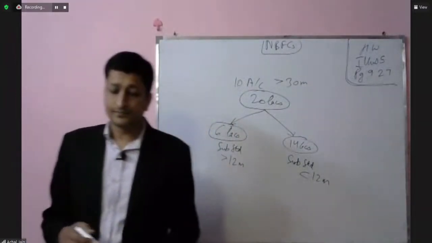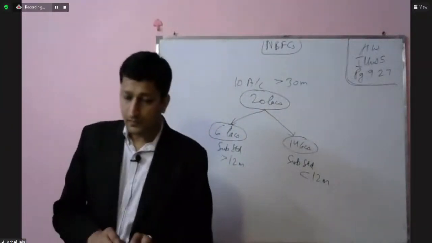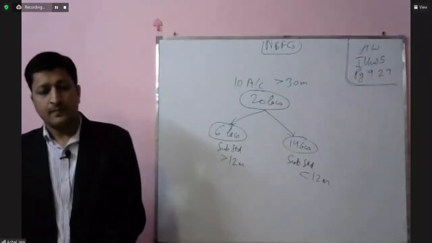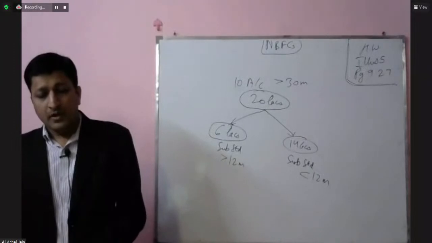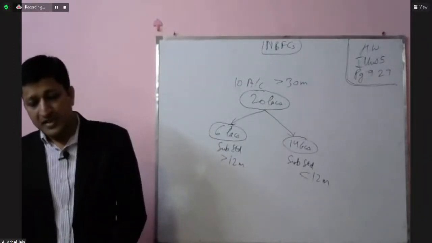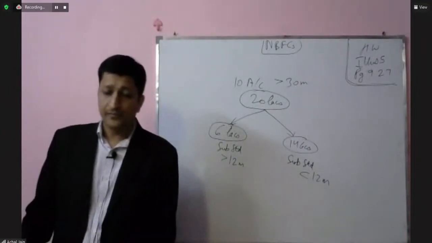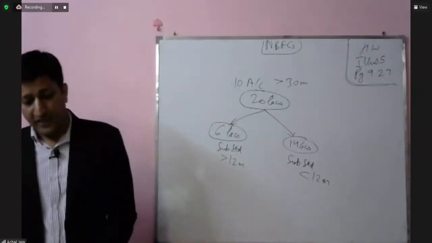Okay. Clear? Mukmala, I am hoping you are clear on this. Shubhrat is saying, sir, I have already completed this illustration number 5 in the table itself. Very good.